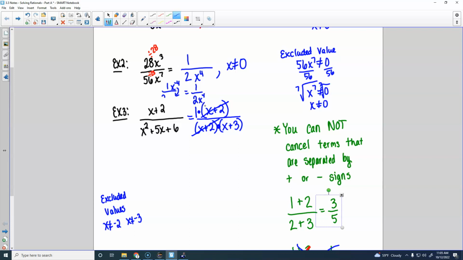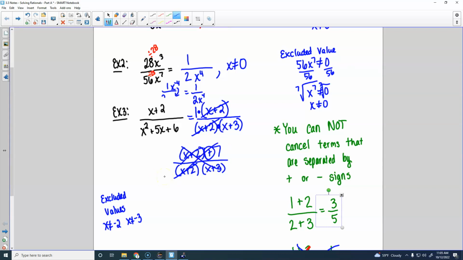So you can cancel terms that include plus or minus signs, but you cannot cancel if there are plus or minus signs in between the things you're marking out, right? So if I had something like this, X plus 2 plus 7 over X plus 2 times X plus 3, I could not mark those out because of this plus sign right here.